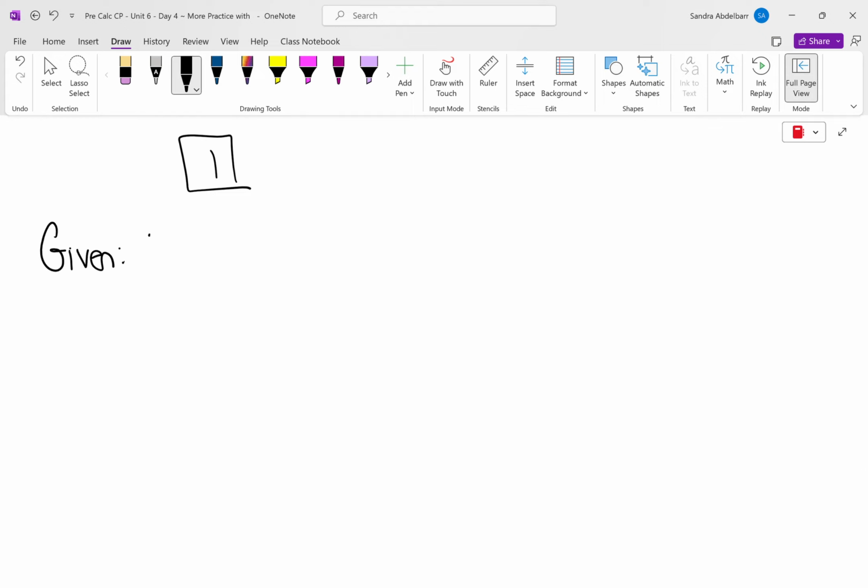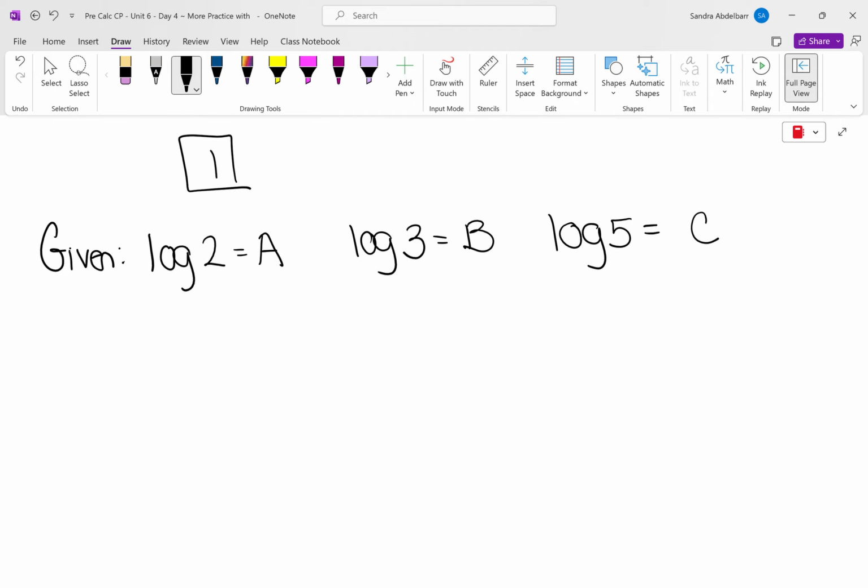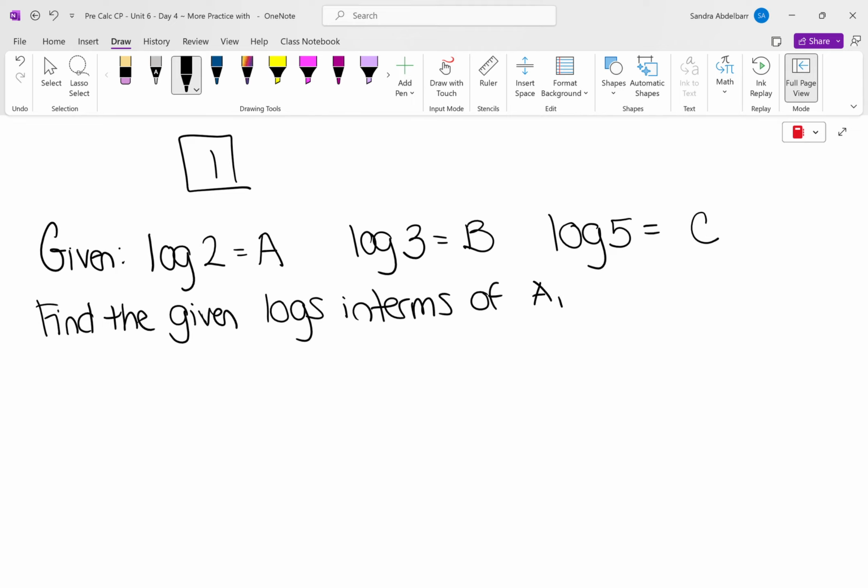I'm going to say given log 2 is A, log of 3 is B, and log of 5 is C. Find the given logs in terms of A, B, and C. When there's no base written down, what base is it? 10, good.